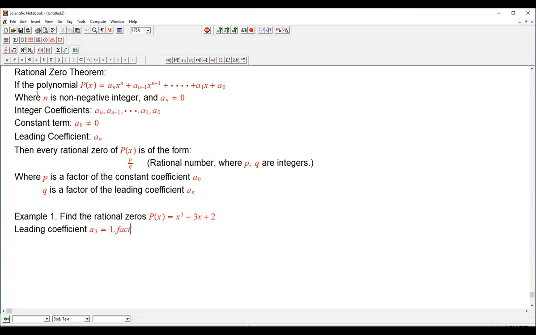What are its factors? Its factors are just positive 1 or negative 1. And what is the constant coefficient, which is a sub 0? A sub 0 equals positive 2. So what are the factors?